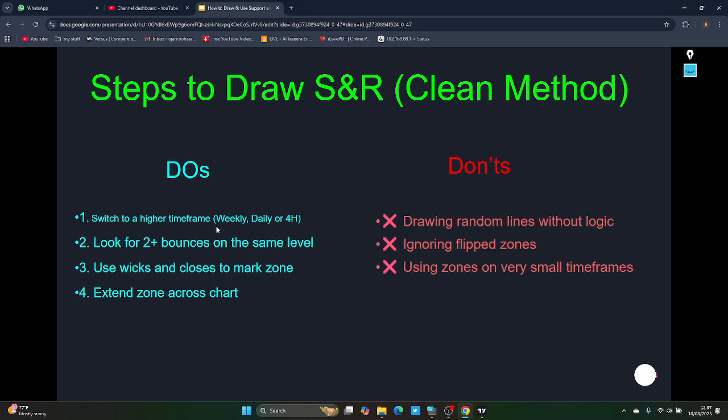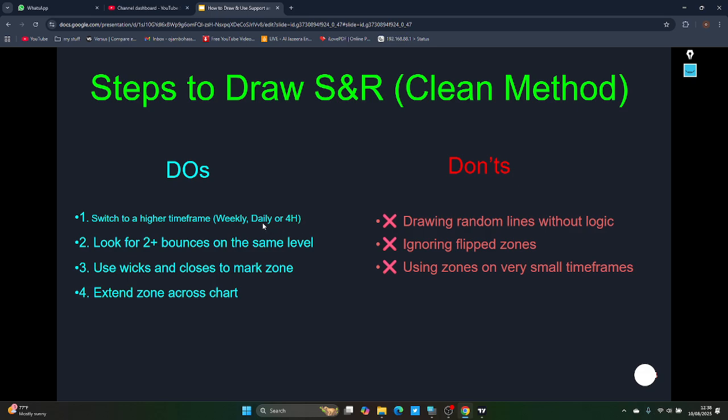How is this dissected? Weekly is for swing traders, daily is for day traders, and 4 hour is for the scalpers. If you're trading intraday or scalping, your highest time frame can be 4 hour or 1 hour.